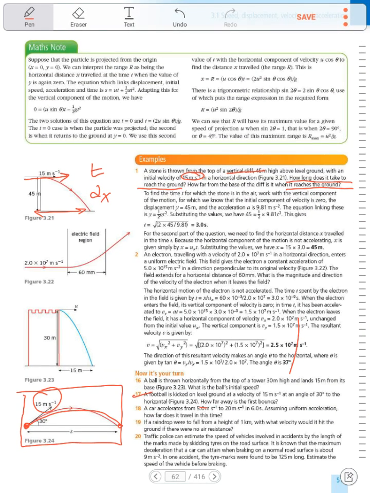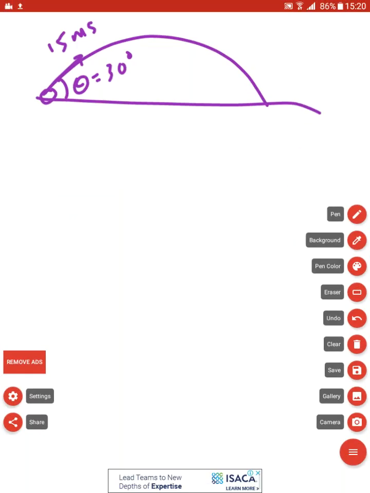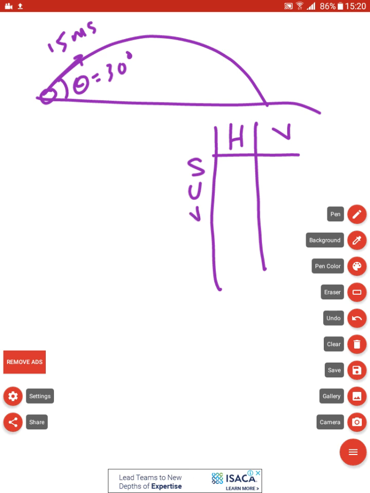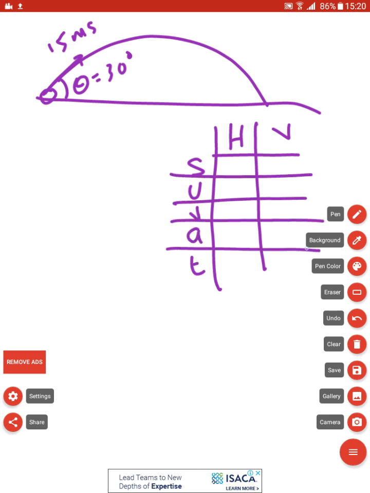How far away is the first bounce? So you are asked to find this distance only. Starting the same way, horizontal, vertical. Horizontally the acceleration is 0.